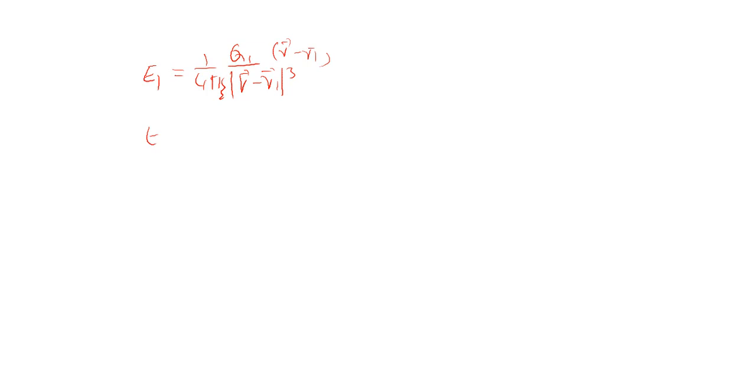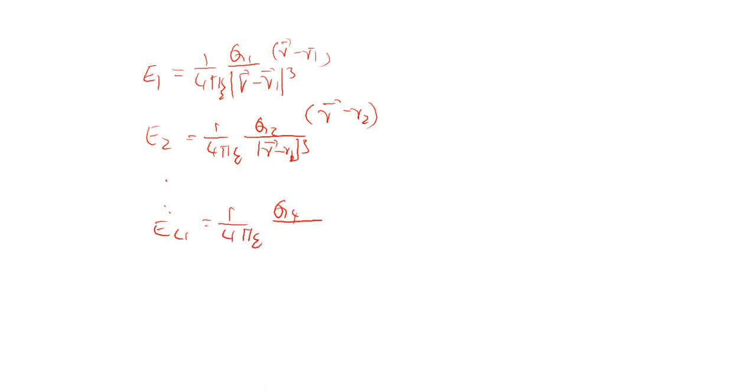Similarly, E2 is equal to 1 by 4 pi epsilon 0, q2 divided by mod r minus r2 cube, into r minus r2. So similarly, you can write up to E4, which is 1 by 4 pi epsilon 0, q4 divided by mod r minus r4 cube, into r minus r4.